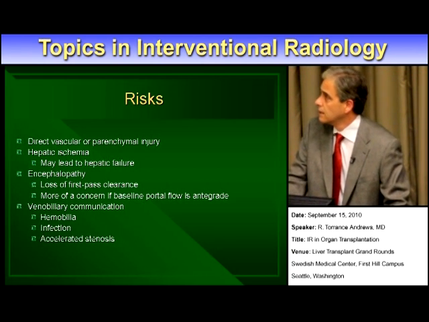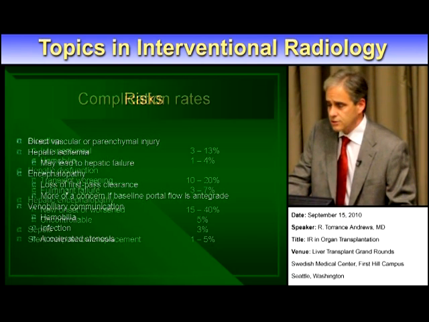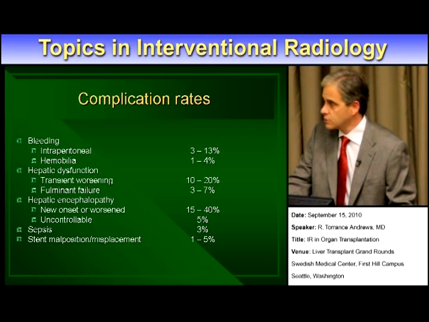If you look at the rates of complications that are listed here, I would say that in experienced hands, you're looking at the bottom number there for almost all of the complications that are listed. The one exception to that is hepatic encephalopathy.